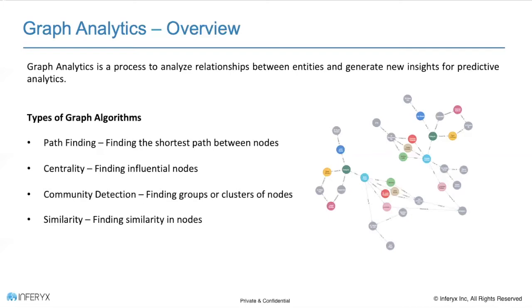So pathfinding is all about finding the shortest path between two nodes or two entities. Taking an example of an airline, let's say you want to travel from A to B, which could be from New York to London. If you want to know what are the various routes of flights available with different airlines, then you can plug in all that data in the form of a graph.